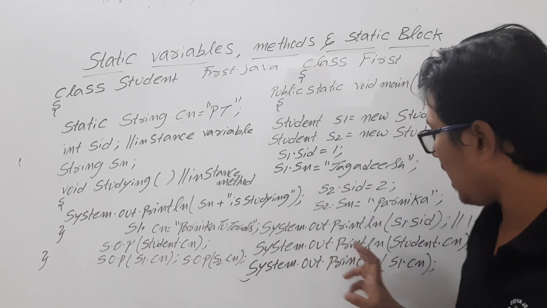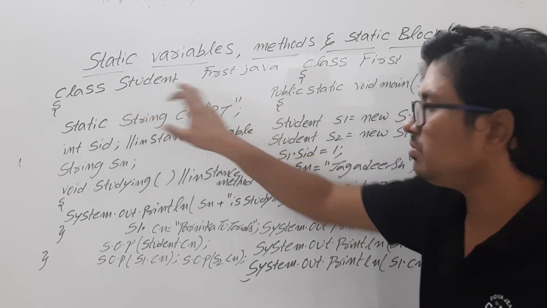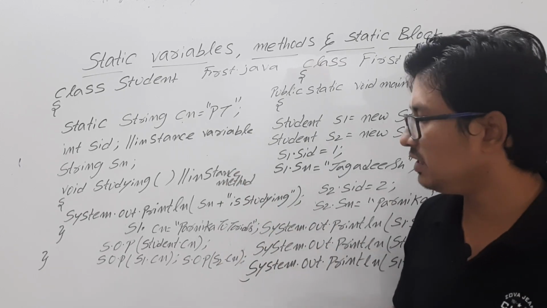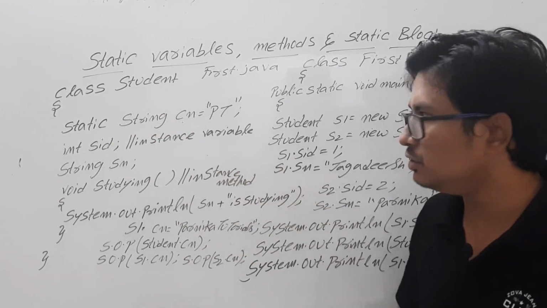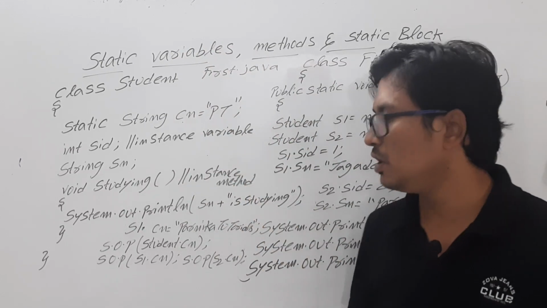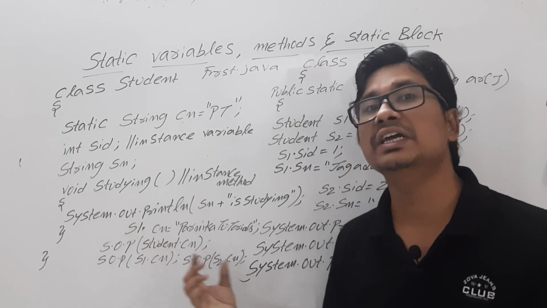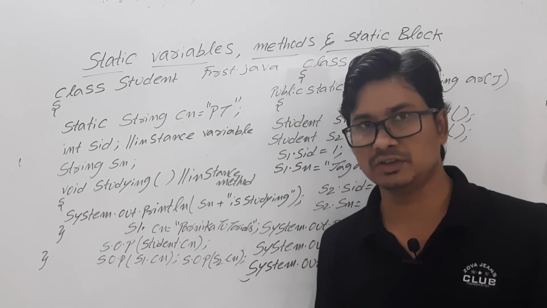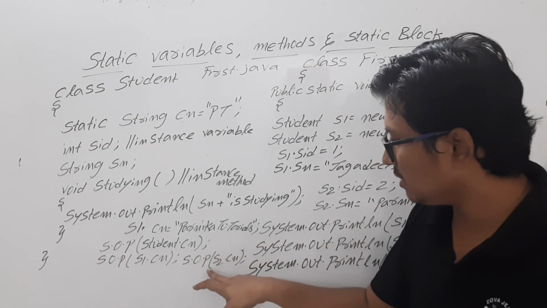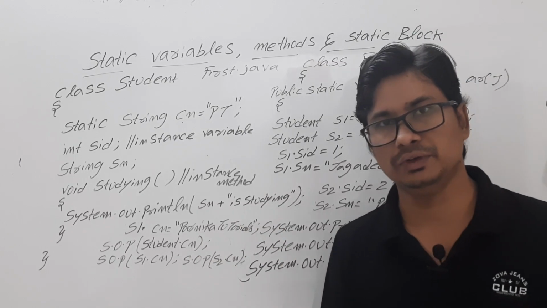So you can access the static variable with the help of the class name and also with the help of an object, and even you can modify the static variable value with the help of the class name and also with the help of an object. Once you do a modification with the help of one object, it will reflect in all the objects also, because here you have two objects. So even if you write s2.cn, you will get the output as Parnika tutorials.